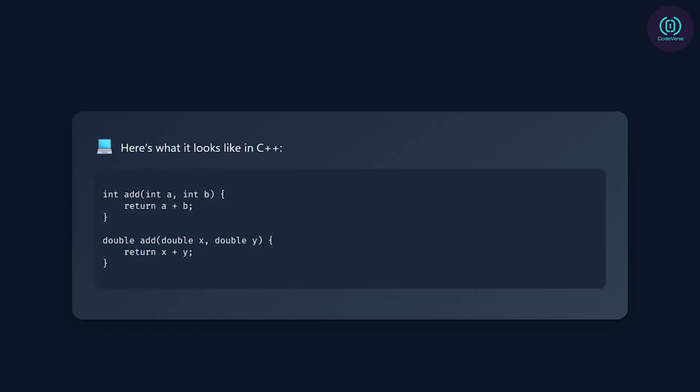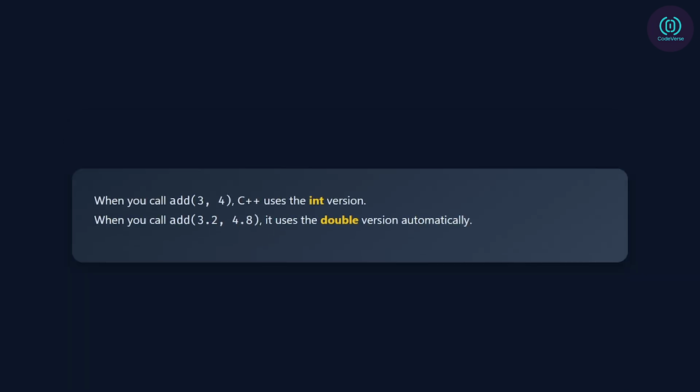Let's look at an example: int add(int a, int b) { return a + b; } double add(double x, double y) { return x + y; } Here, both functions are called add, but the first one works with integers, and the second with doubles. When you call add(3, 4), C++ automatically uses the integer version.